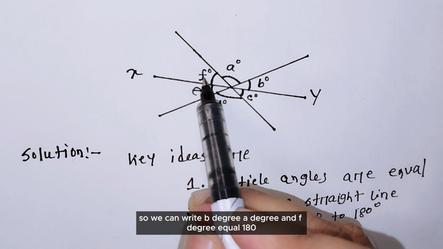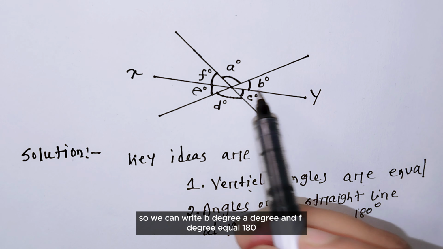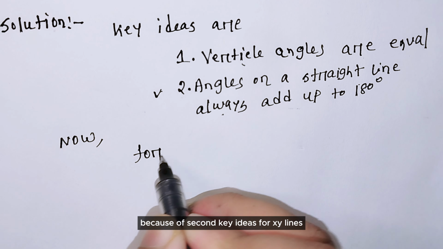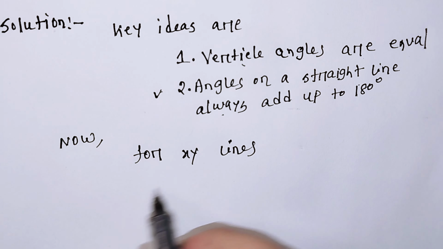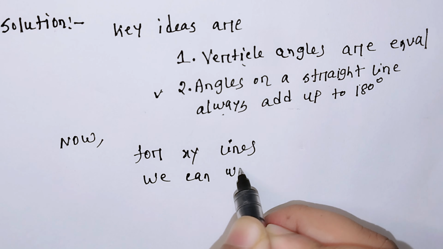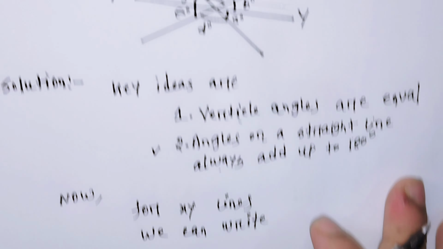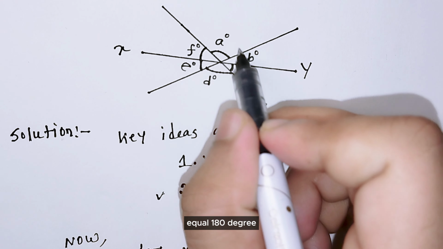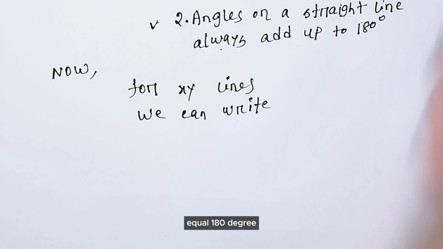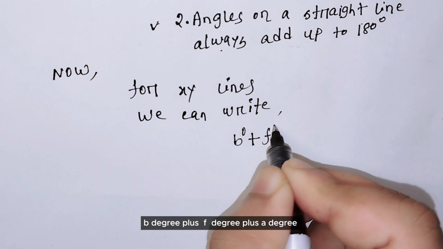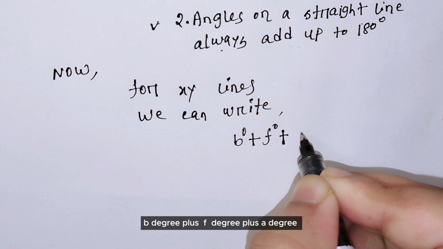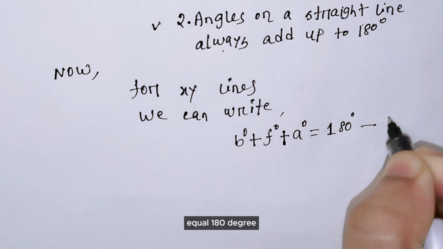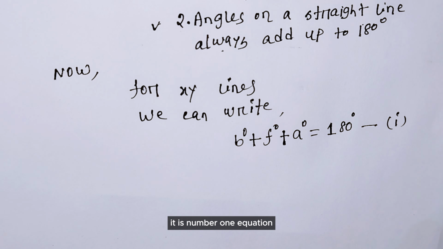So we can write b degree plus f degree plus a degree equal 180 degree because of the second key idea. It is number one equation.